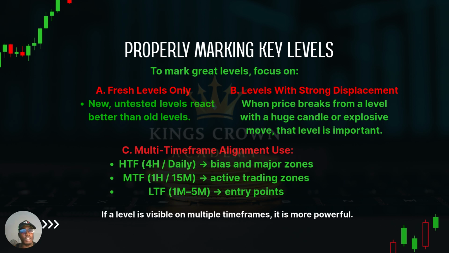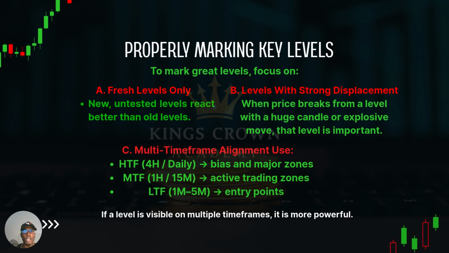So, properly marking key levels. If you want to really understand how to mark out your key levels properly, take note of this slide. Number one, mark fresh levels only. New, untested levels react better than old levels.